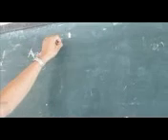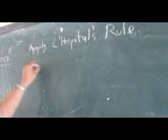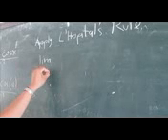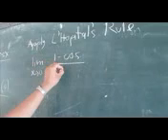So now we apply L'Hopital's rule. The limit where x approaches 0 of 1 minus cosine x over x squared.